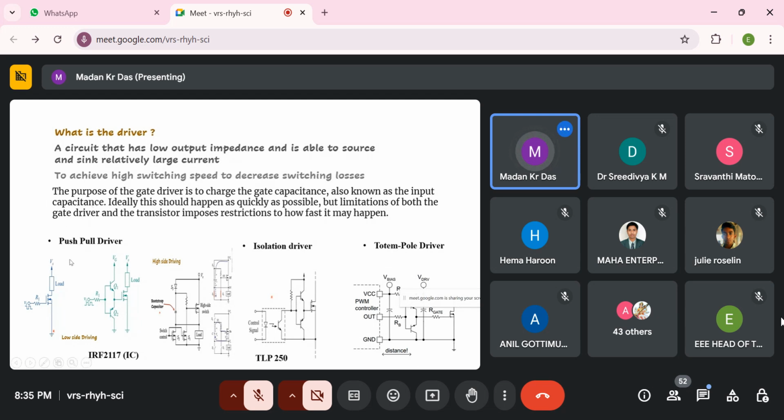Basically there are 3 types of driver circuit: the push-pull driver circuit, shown here in the graph, the isolation driver circuit, where the TLP based driver circuit is used, and the totem pole driver circuit. In the industrial market the totem pole driver circuit is used, while the isolation driver circuit is used for research purposes. In this work we have used the isolation based TLP250 driver circuit. Here is the totem pole driver circuit, and this is the basic circuit diagram.